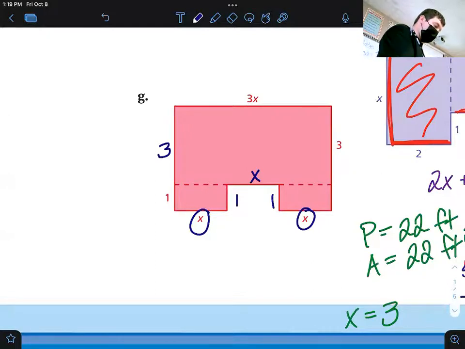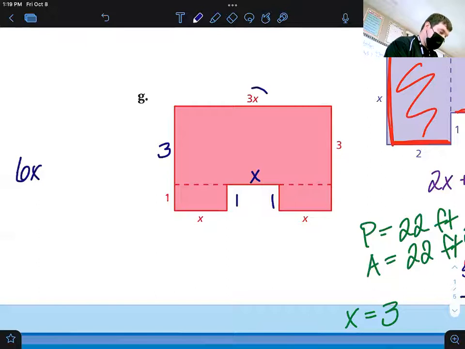Okay. Now go ahead. What do you get when you combine your X's all up for perimeter, Xander? 6X. Perfect. He's adding 3X and these 3X's to get a total of 6X.